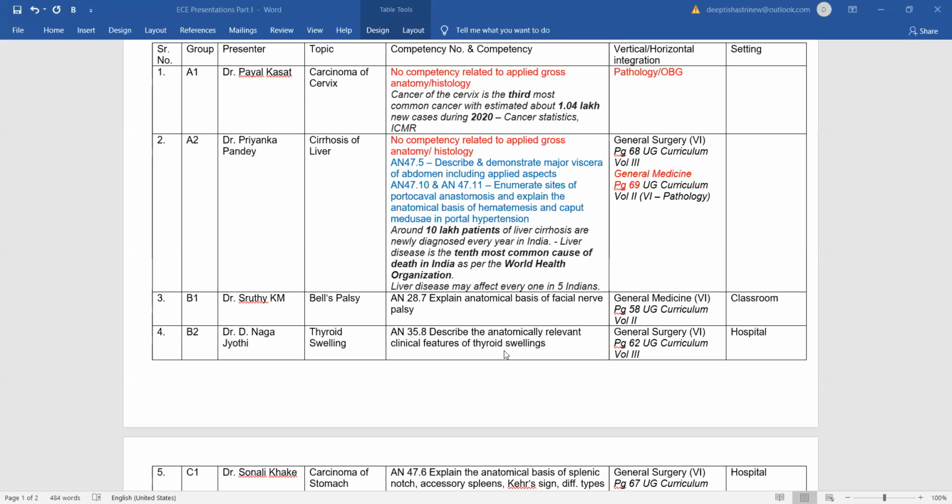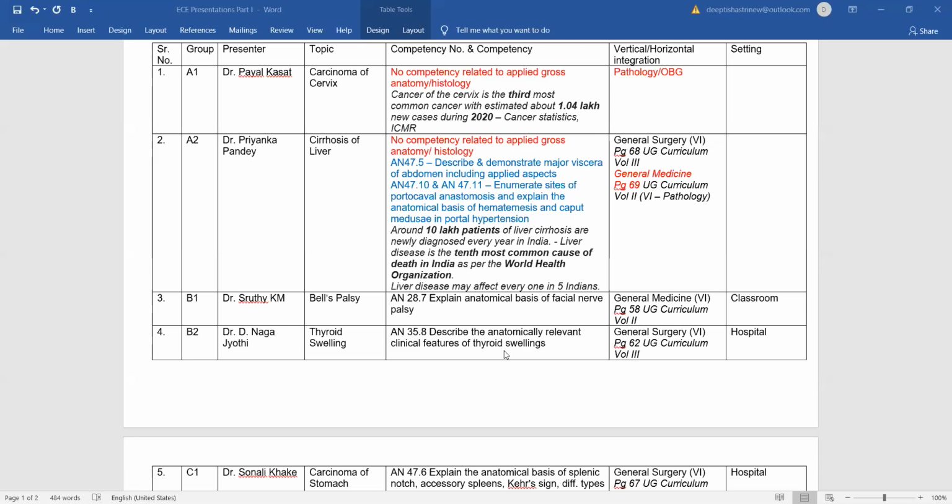Now, I did mention to Dr. Anjali on the chat section that cervix is a core competency, histology, and the competency number is AN 52.2. For any histology, if you take any organ in the body, the general competency mentioned is to describe and identify the microanatomical features of so and so.